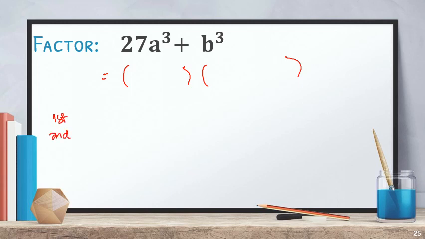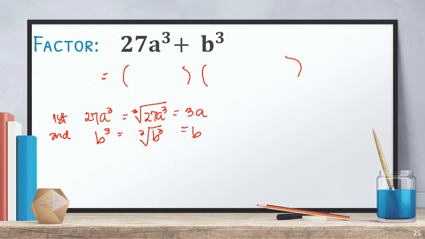So for us to get the first term, we need to get the cube root of the first term of the given, which is 27a cubed. So cube root of 27a cubed is 3a. Very good. Next, for the second term, we will be getting the cube root of the second term of the given, which is b cubed. So cube root of b cubed is b.